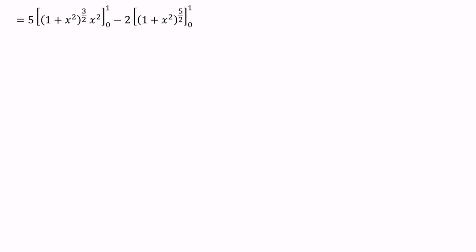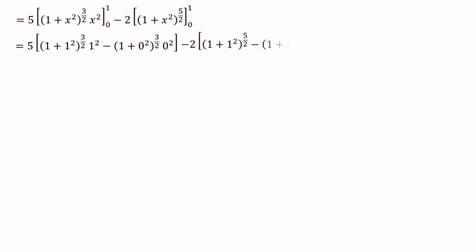First one, 1 plus x squared to the power of 3 over 2 into x squared, upper limit 1 minus lower limit 0. Second part, 1 plus x squared to the power of 5 over 2, upper limit 1 minus lower limit 0. 1 plus 1 squared equals 2.